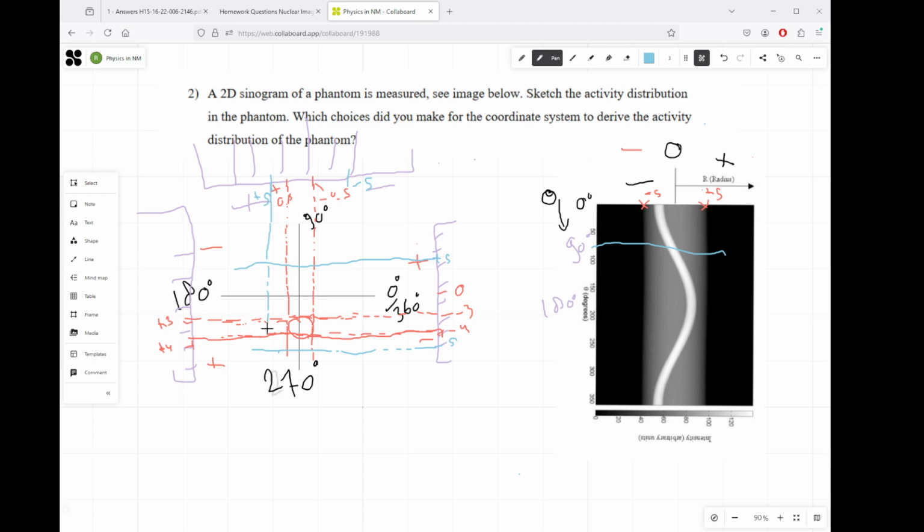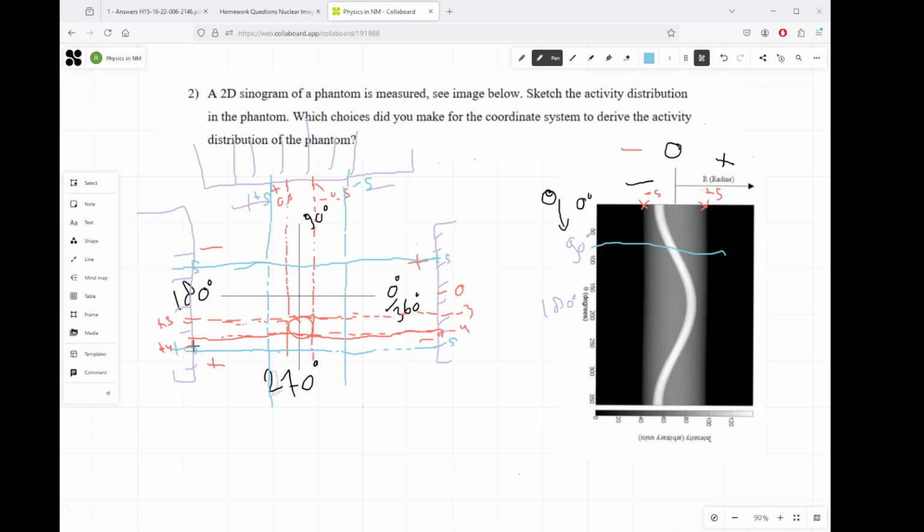It's a rough sketch. And again here at 180 degrees, -5 again and +5 here. And let's put it all together. We have something like this.